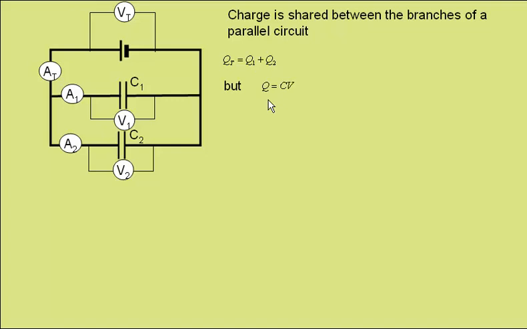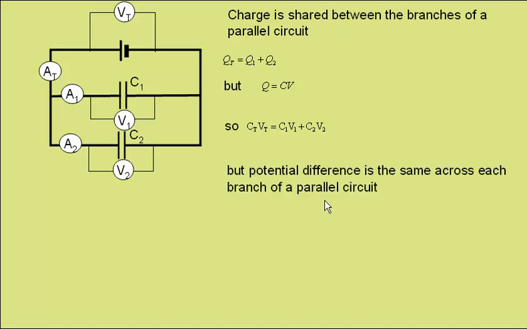But from the capacitor equation we know that charge is equal to capacitance times potential difference, allowing us to write the total capacitance multiplied by the potential difference is equal to capacitor 1 times potential difference 1 plus capacitor 2 times potential difference 2.